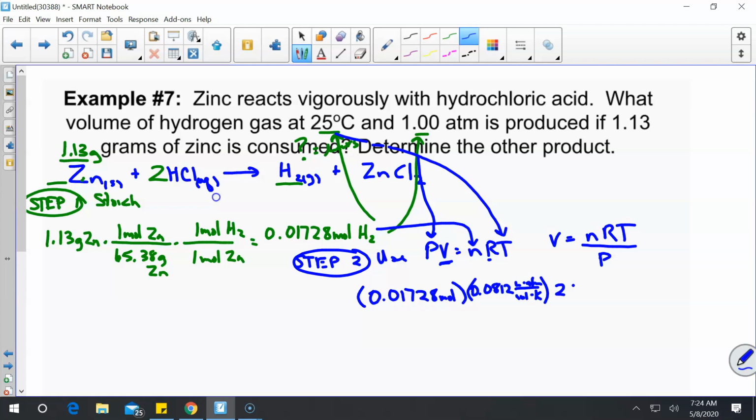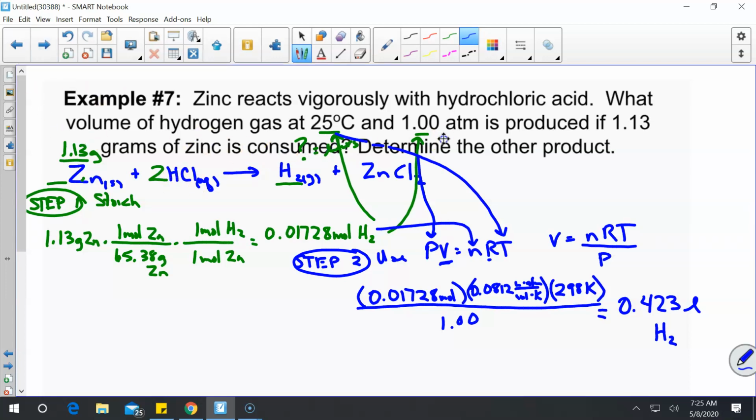Isn't that 298? Over, my pressure is 1 atmosphere. I do the math for this, calculate through that. I got 0.423 liters of hydrogen. That would be my answer.